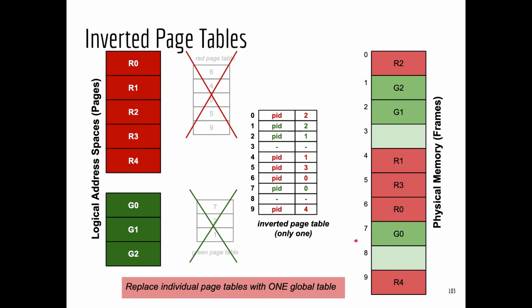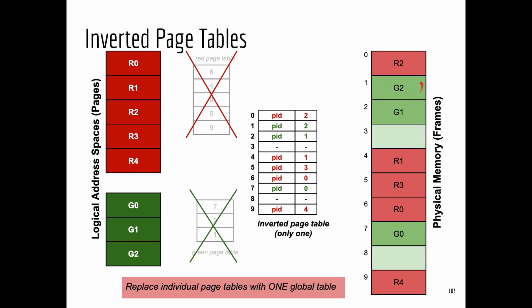So in our example, we have 10 frames in our RAM, and the size of the global inverted page table is 10 rows. Each row of the inverted page table holds the page number of the process using a particular frame. For instance, the first frame, frame 0, is allocated to page 2 of the red process. So that's why you see number 2 here, and the PID of the red process will be included in that row.